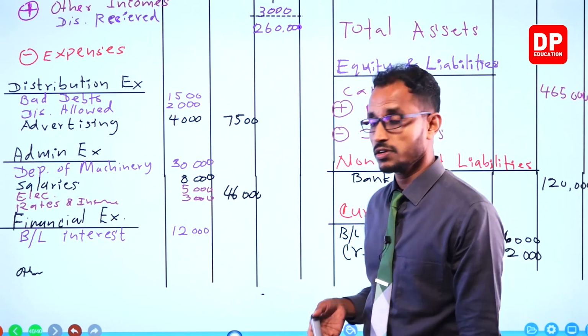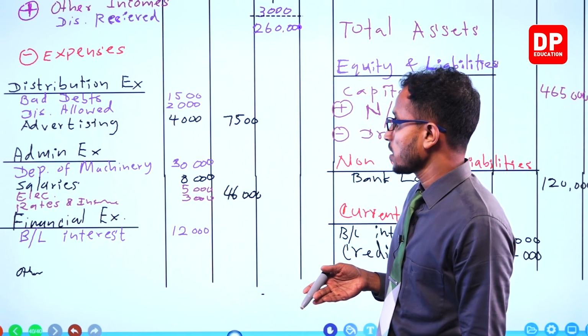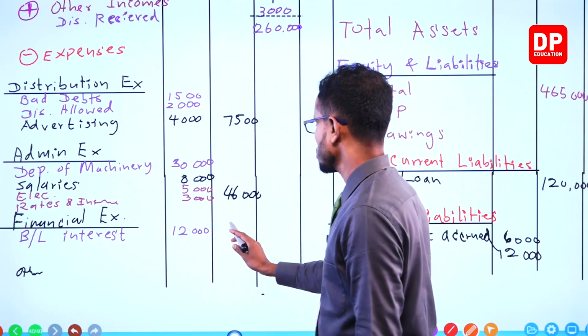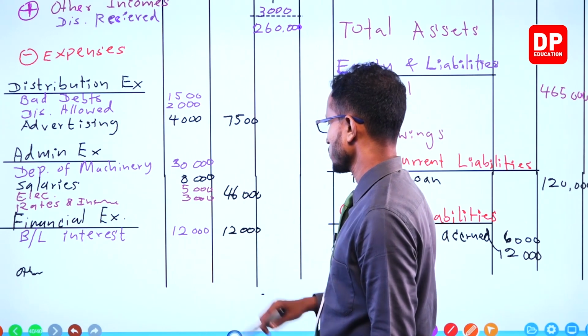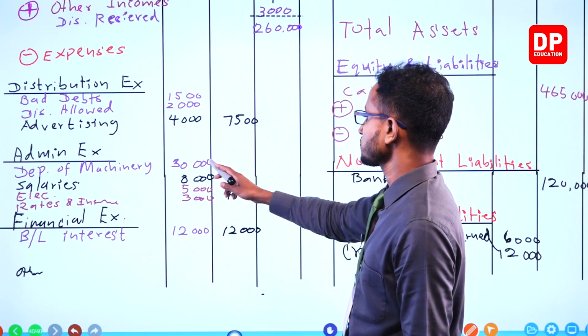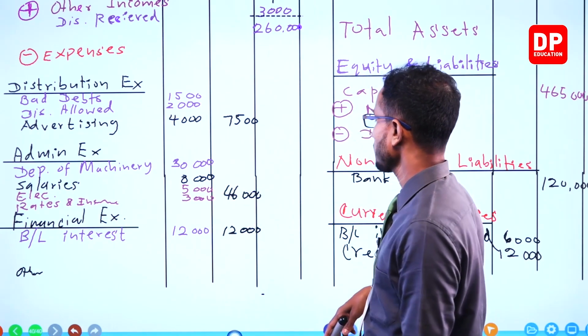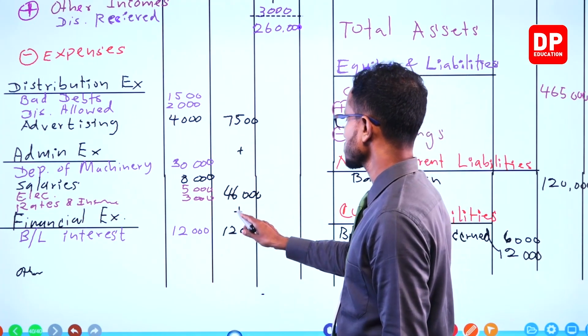Show your rough work on your answer sheet. And admin expenses 46,000. Financial expenses only one, that is 12,000. So we take that 12,000. Then take the total of all the expenses.